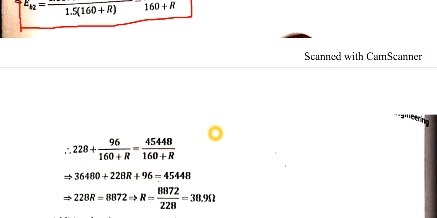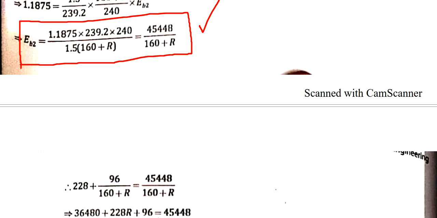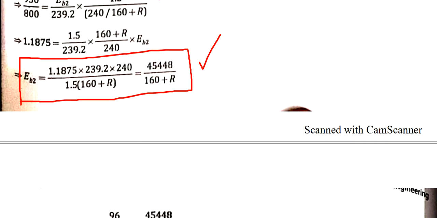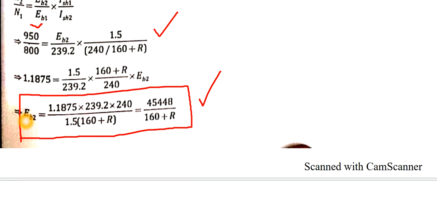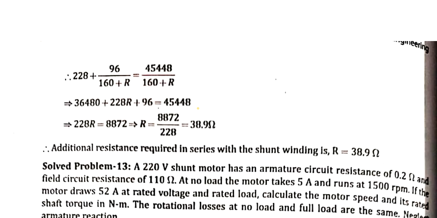Okay, next step is to just simplify these two. Since we already have the EB2 equation in terms of unknown R, we can use this here as EB2. So when you get two equations which can be equated in terms of R, when you solve them you will get the unknown R, right?